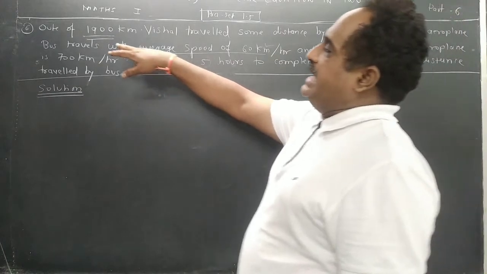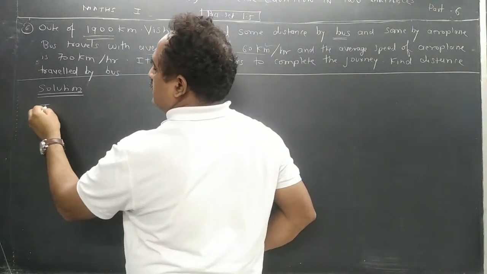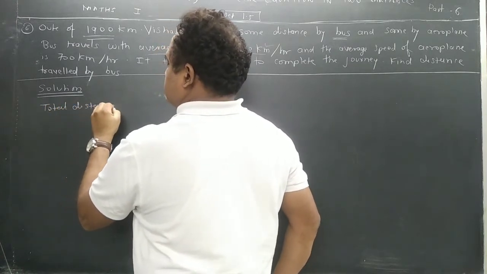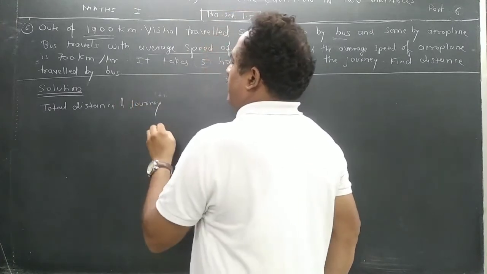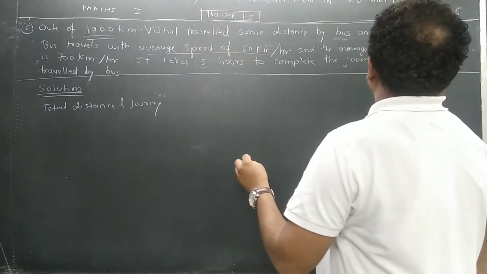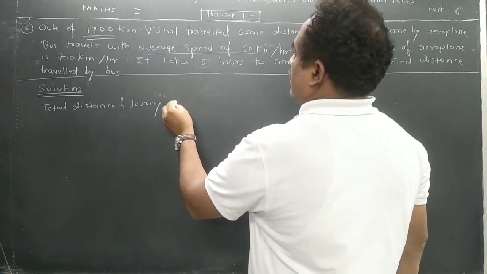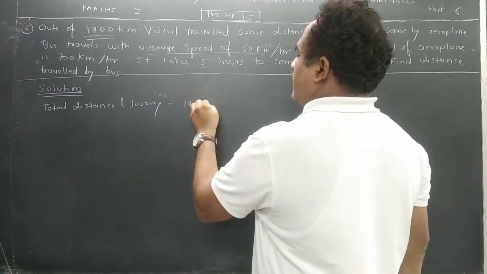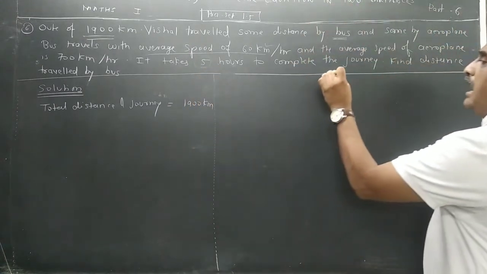Out of the 1900 kilometer journey, I can write down total distance of journey is equal to 1900 kilometer. Have you understood this?